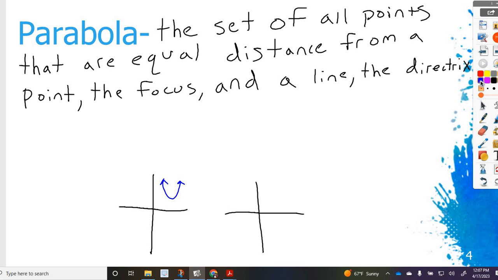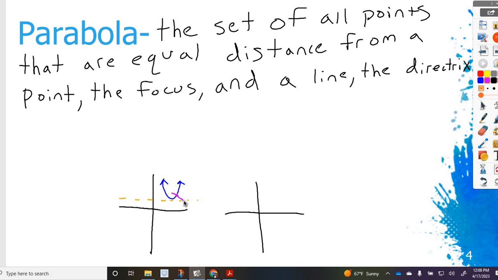So when we're looking at our parabola like we had before, basically what it's saying is there is an imaginary point somewhere here in the middle, which is called our focus, as well as an imaginary line. The distance to get from any point to your focus and that same point to the directrix, those two values have to be the same.